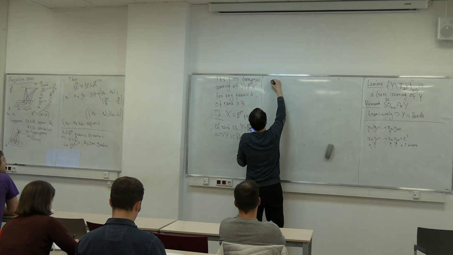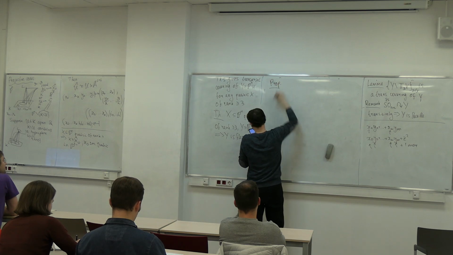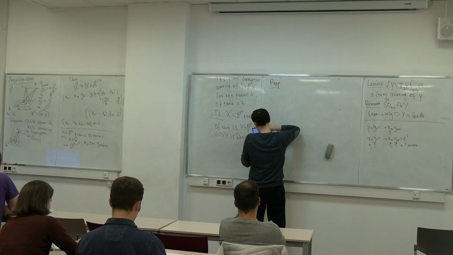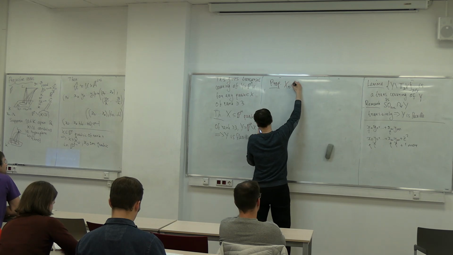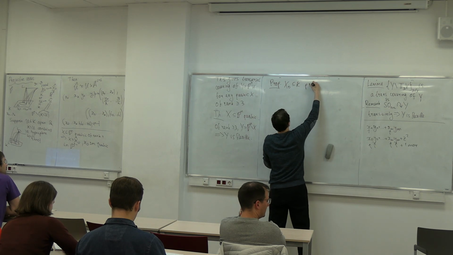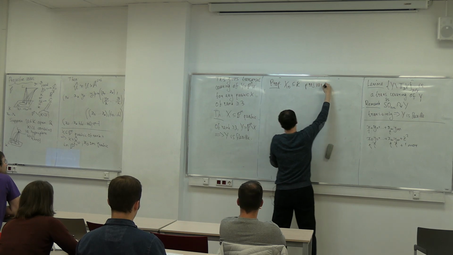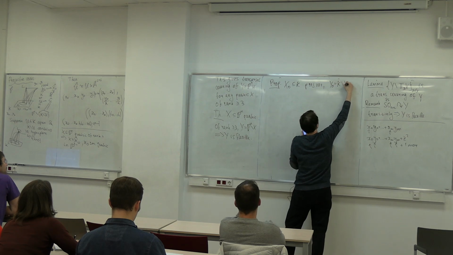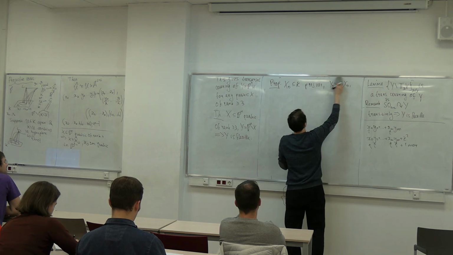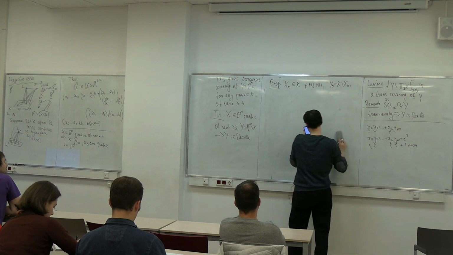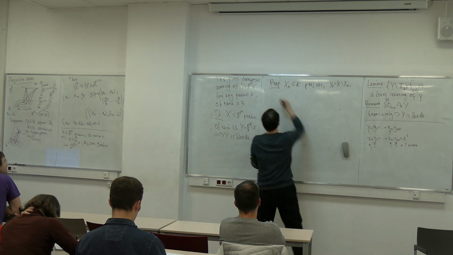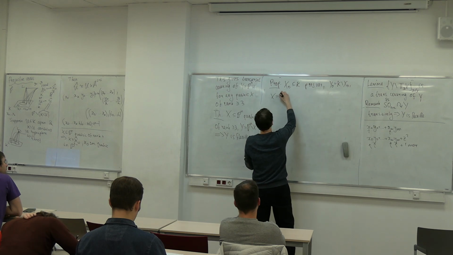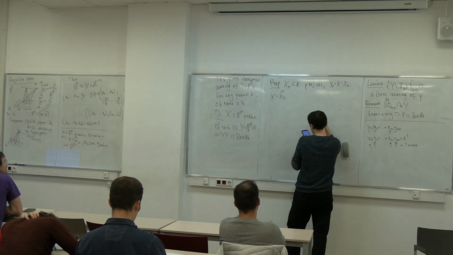Proposition. Let X0 be a projective variety over K, and Y0 the complement. Then X is the affine cone, or the projective cone, over X0.